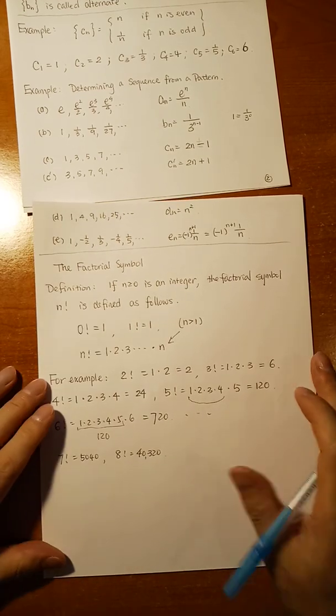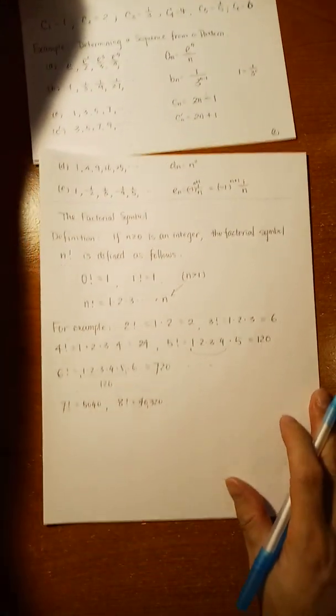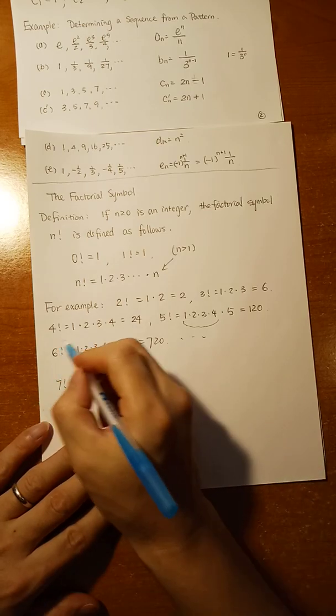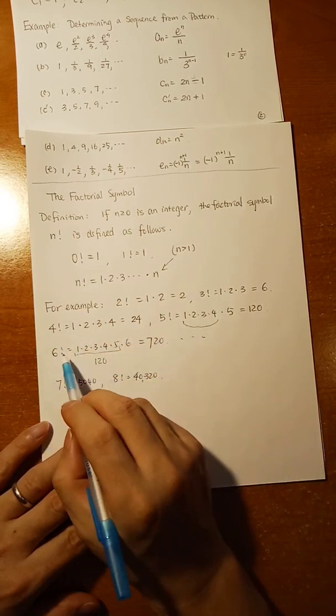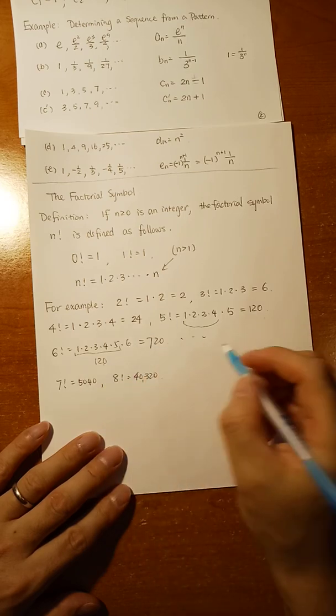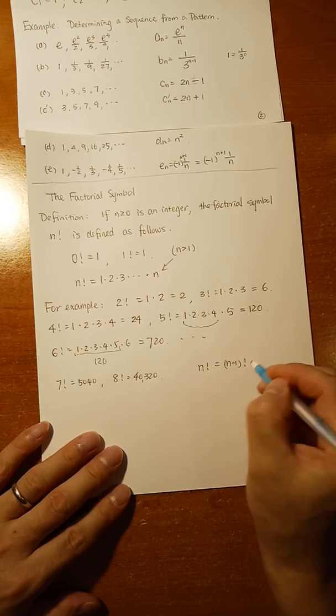But just keep in mind, we have this n factorial symbol. It means the product of the first n integers. From this observation, you see 6 factorial is actually 5 factorial times 6. So n factorial is n minus 1 factorial times n.